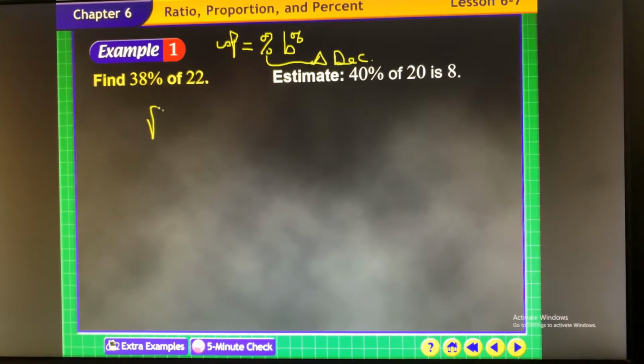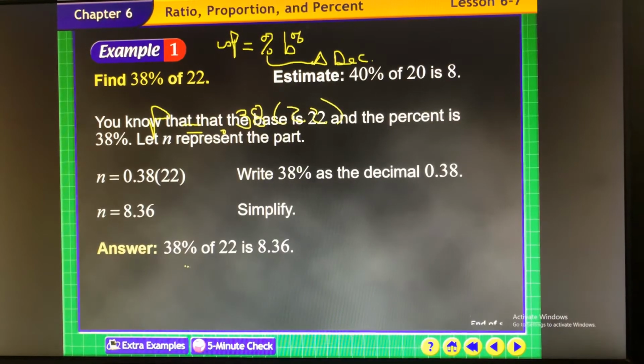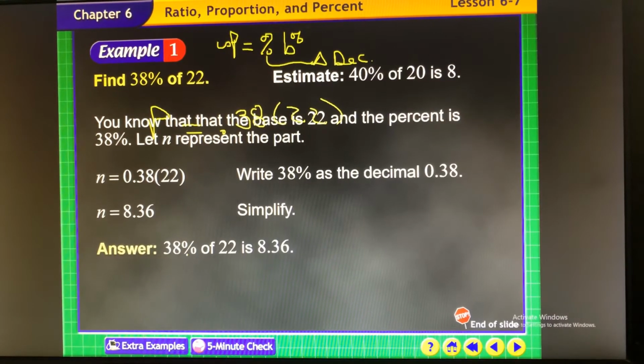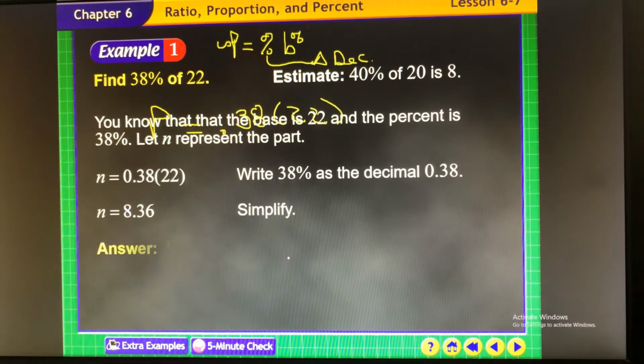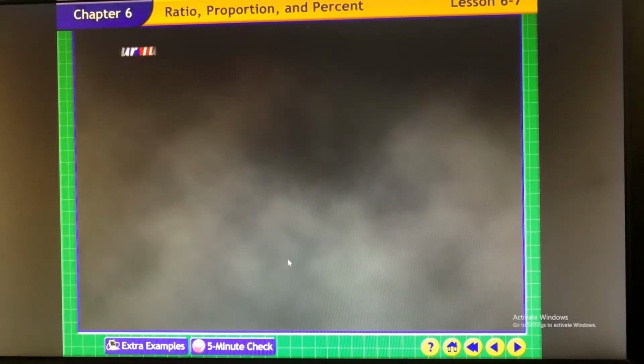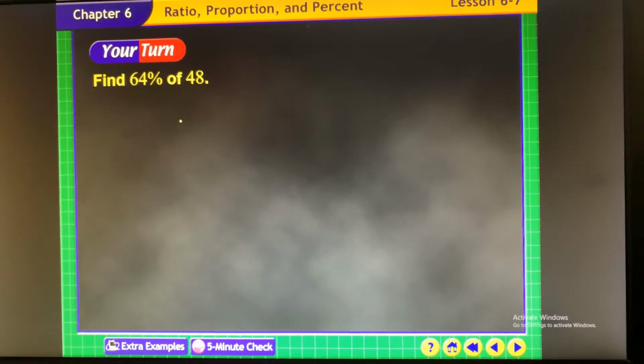So really, you're just doing part is equal to 38 hundredths times 22. And that's it. And then you just multiply those 2 numbers. And so you say 38% of 22 is 8.36, because all you're doing is multiplying those 2 numbers. Because remember, I will give you 2 of the 3 pieces. So 64 hundredths times 48 is all you're doing for that to find out what your part is equal to.